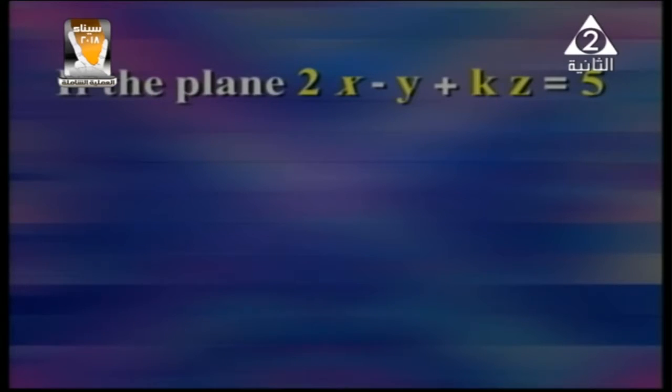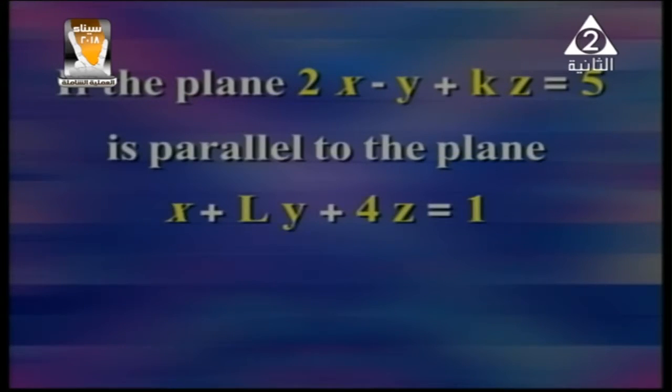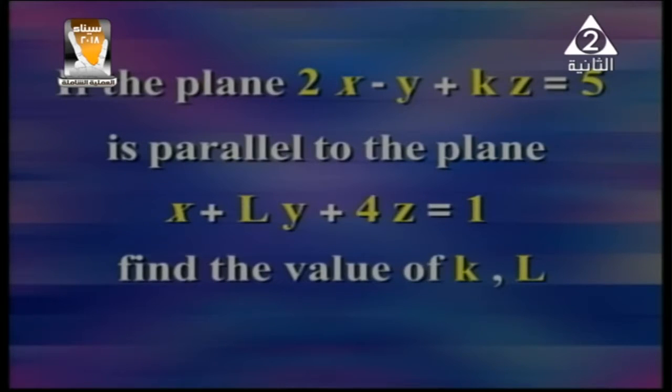If the plane 2x minus y plus kz equals 5 is parallel to the plane x plus ly plus 4z equals 1, find the value of k and l.